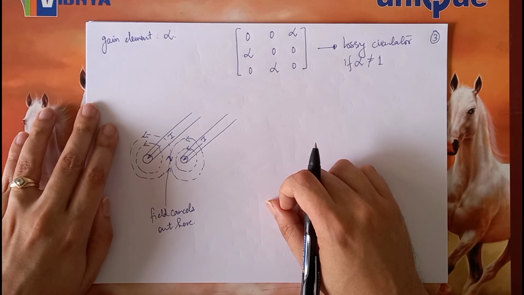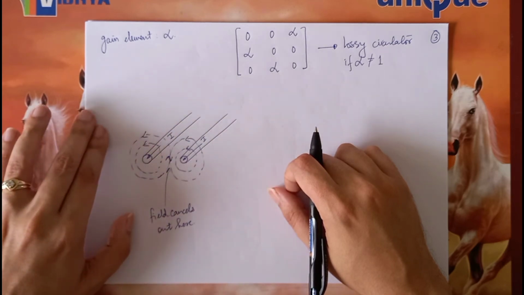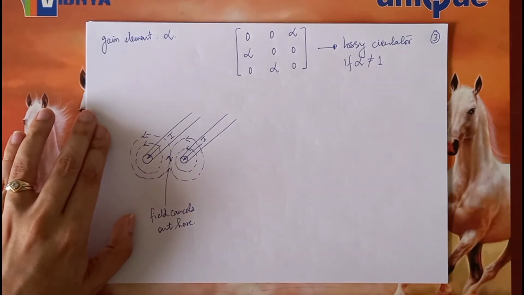The electric field would become 0 because of Ampere's law, and because of that, what would essentially happen in the middle is that there would be an open circuit. As the magnetic field is 0, the net current associated with that magnetic field would also be 0.